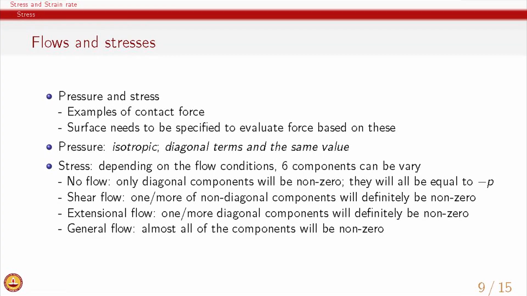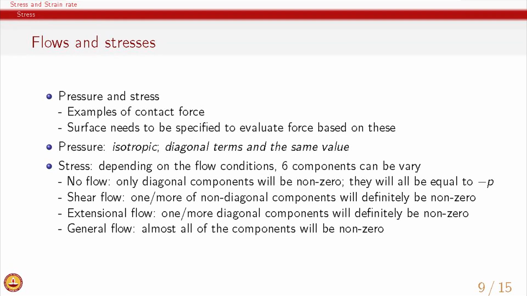And so, to say that we understand the fluid flow behavior of a material, we need to not only understand it under shear flow, we have to also understand it under extensional flow, so that the general flow where everything is non-zero can be understood based on our understanding arrived at in shear and extensional flow.